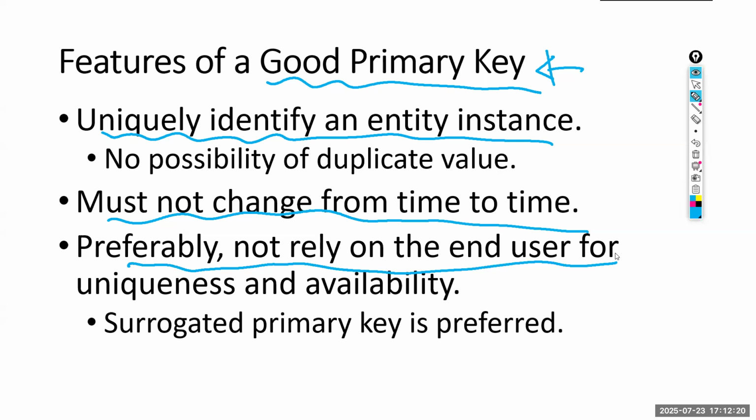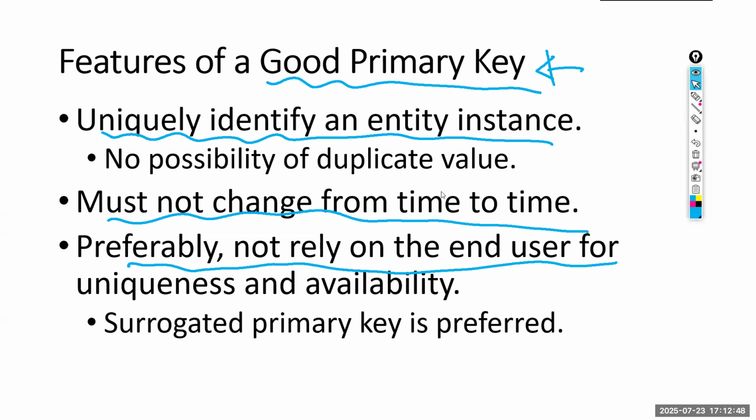Now you are in trouble, right? That is why surrogate keys are better, because we generate a unique number for every new record. We may still keep your NIC number, but not as the primary key, as a unique key.